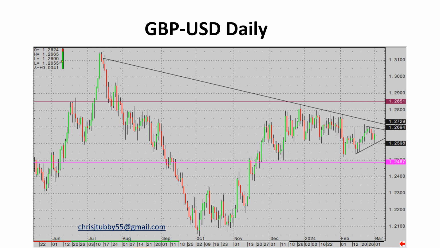I've also identified a horizontal resistance line above that at 128.51, and then below that for last week, I've just managed to get another resistance level on at 126.94, and then on the support side I've got 125.98.